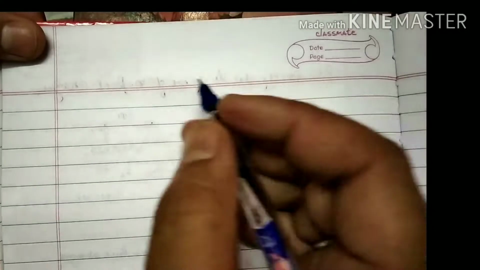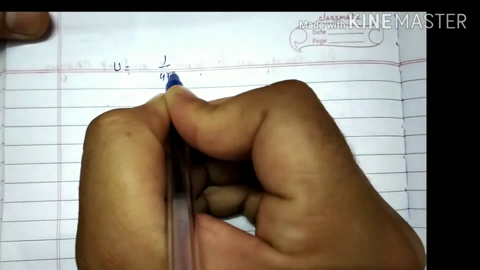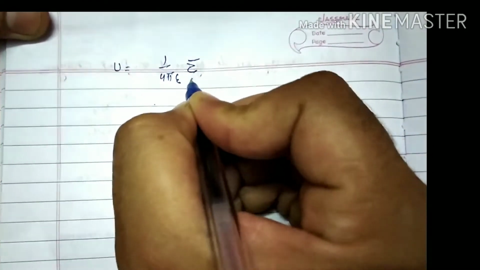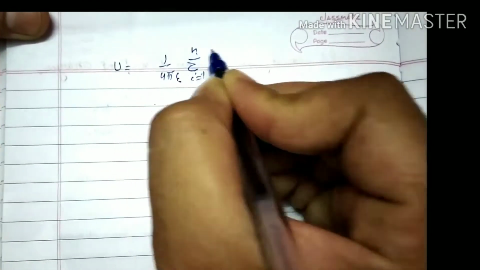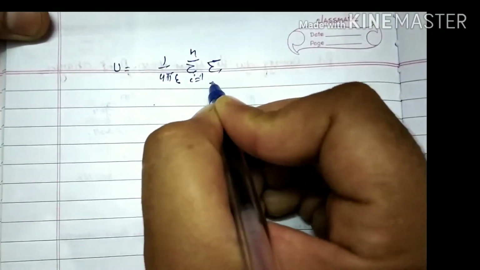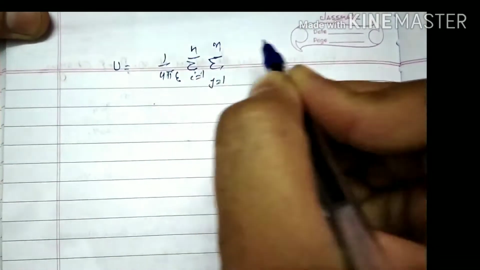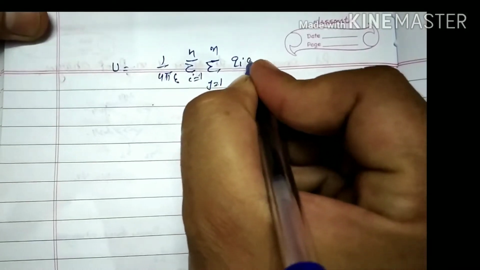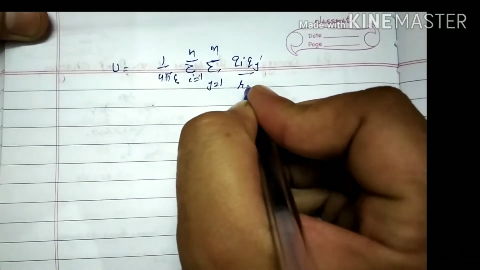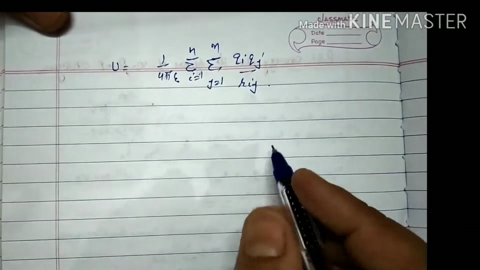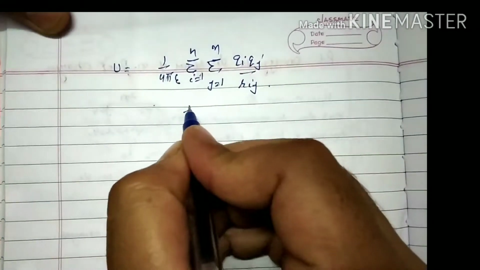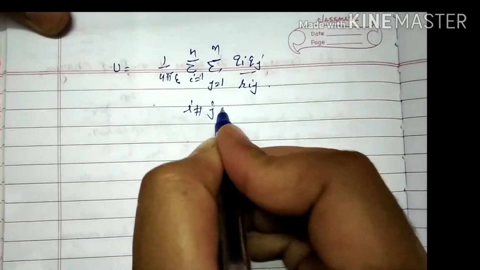next, if we go, this term I have written: potential energy is equal to 1 upon 4 pi epsilon, i varies from 1 to n, and j also varies from 1 to n, and qi qj upon rij, where i not equal to j.